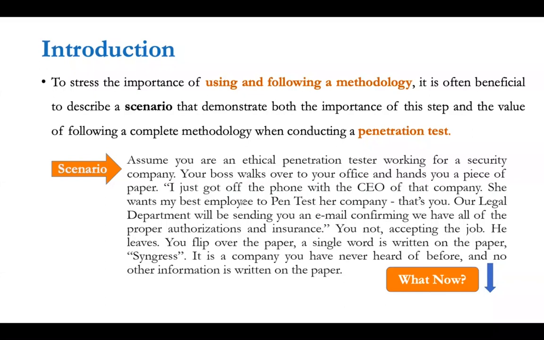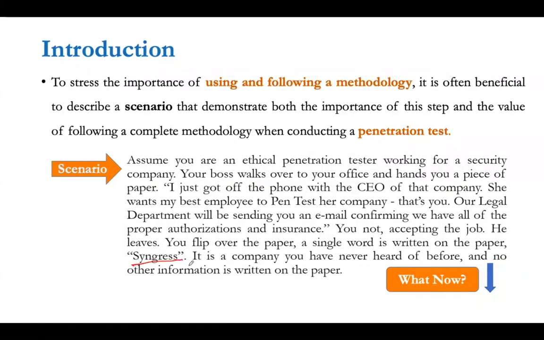Our legal department will be sending you an email confirmation. We have all of the proper authorizations and insurance to do the pen test. Your boss leaves, and you flip over the paper. A single word is written on it: Singress.